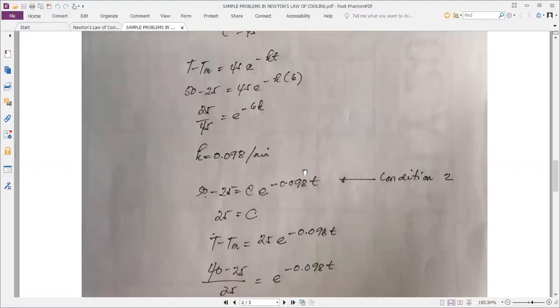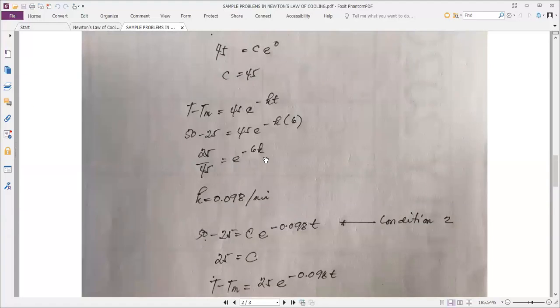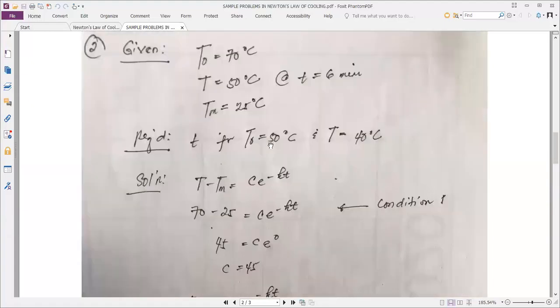Now, this is a different procedure than what you did in number one. Though, as I said, they should be applying the same principle. What I did here is this. Isn't it that we will be starting from a new temperature to start counting the time it would take for cooling to reach 40? That new temperature is the 50 because the problem is saying how long will it cool down to 40 starting from 50.